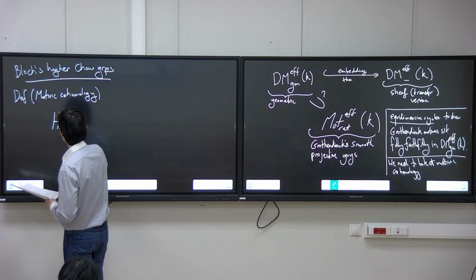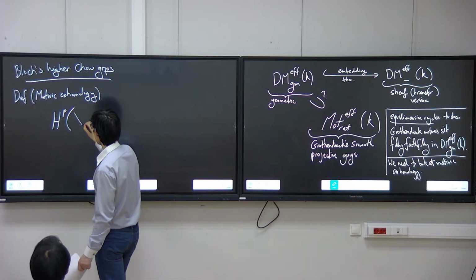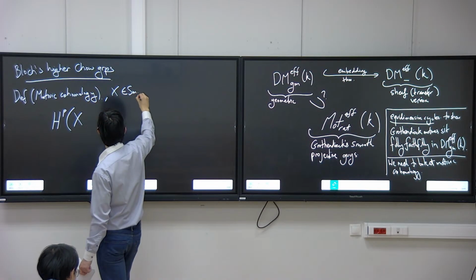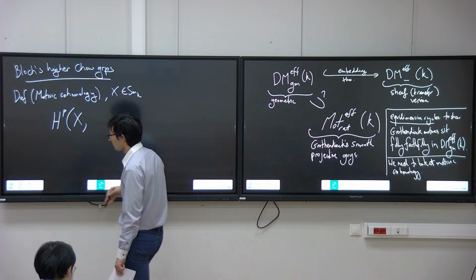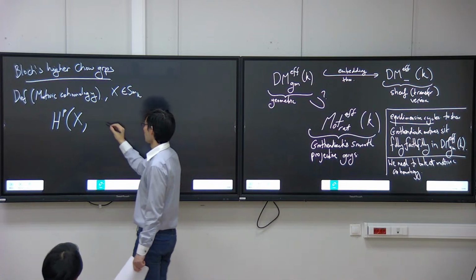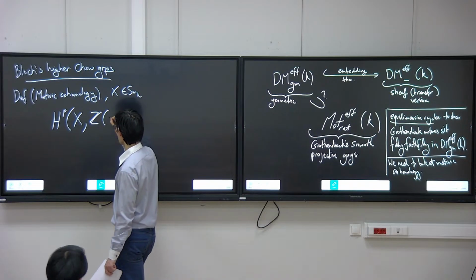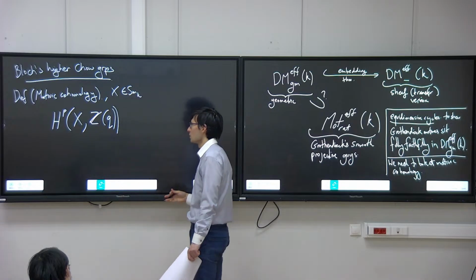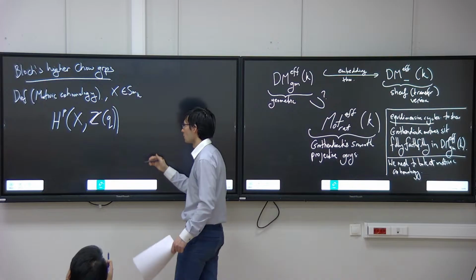I want to consider the p-th motivic cohomology of X, where X is just a smooth separated scheme for now, in coefficients Z twisted by q. And cohomology is nothing but Hom sets in the derived category.